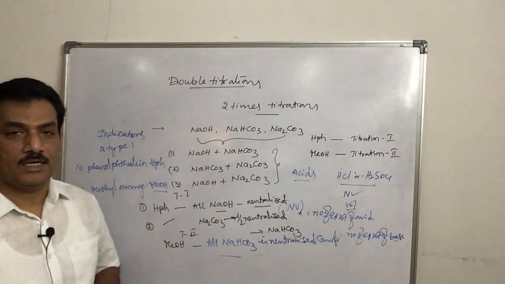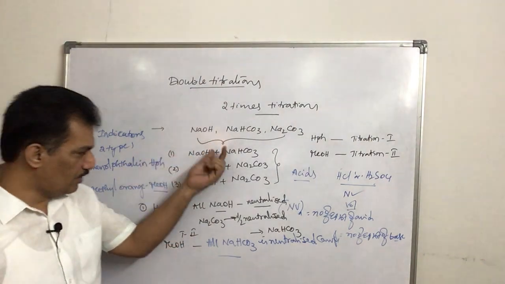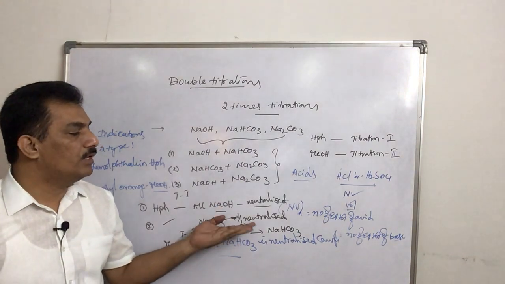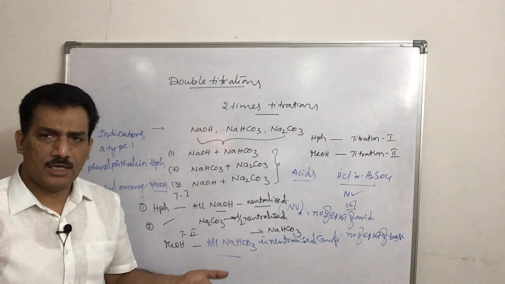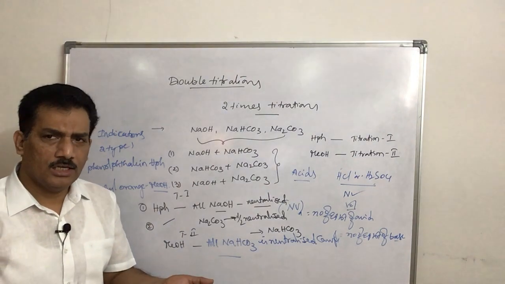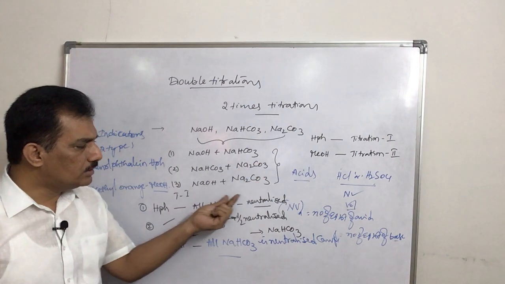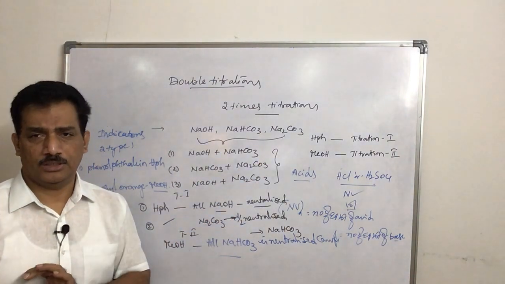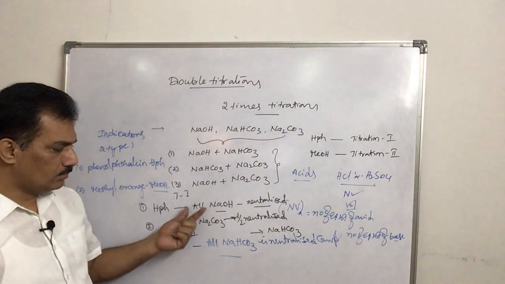And now with this data, how to compute this? Let me take all these 3 examples one by one. Then we can consider some assumptions, X equivalent weights or Y equivalent weights, like that. With that, you can easily consider the number of equivalent weights of any of the 2 components present in the mixture. Clear?